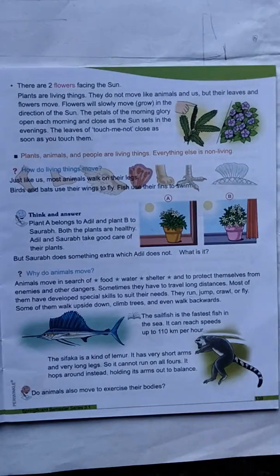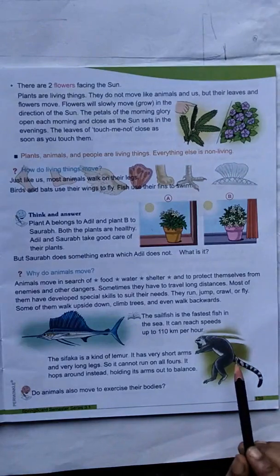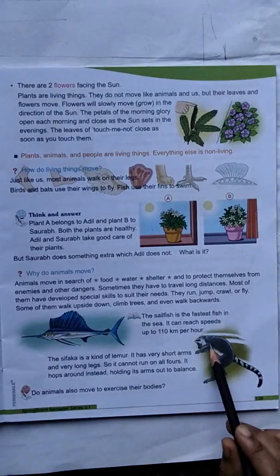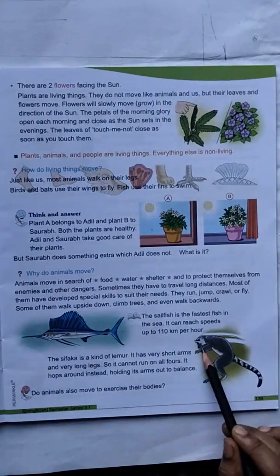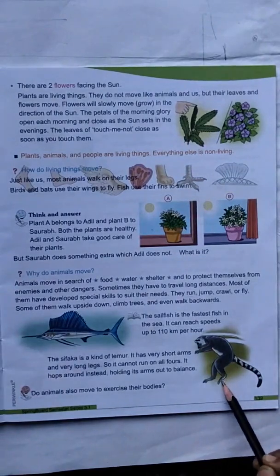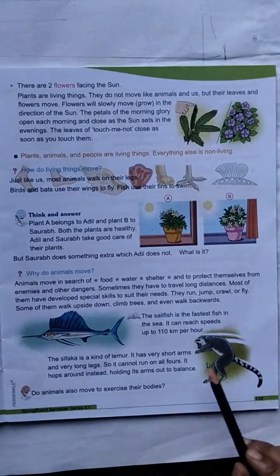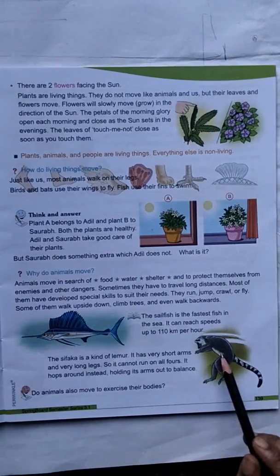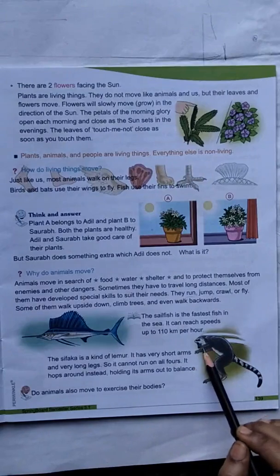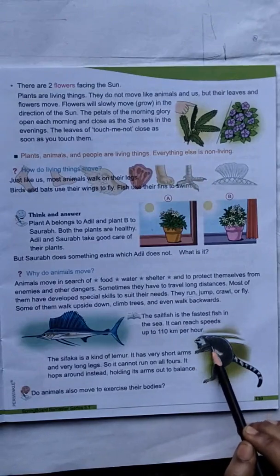It has very short arms and very long legs. So it cannot run on all fours. It hops around instead, holding its arms out to balance.